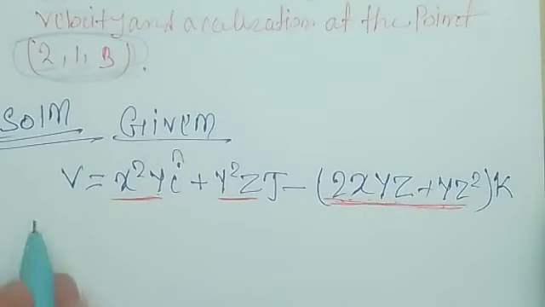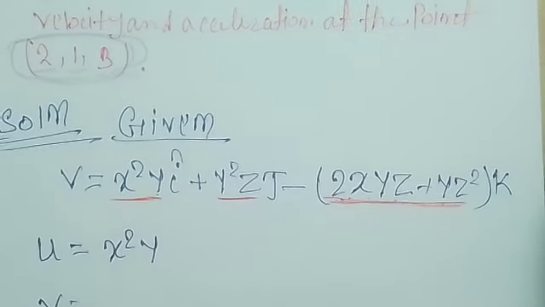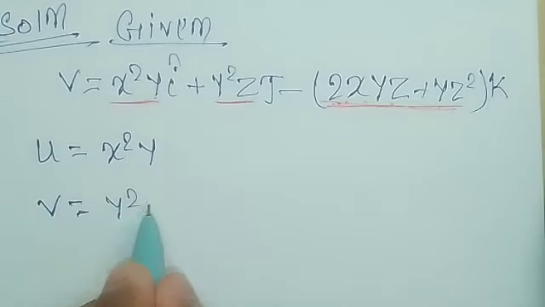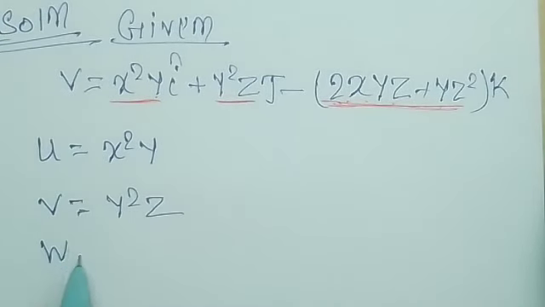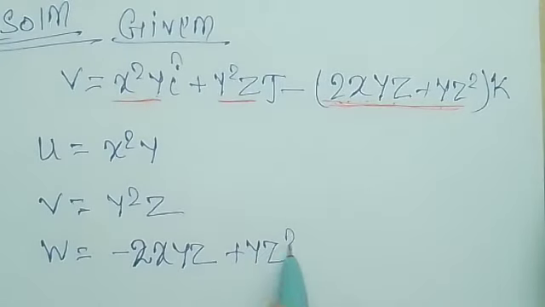If you compare, u is equal to x square y, and v is equal to y square z, and w is equal to minus 2xyz plus yz square, right?